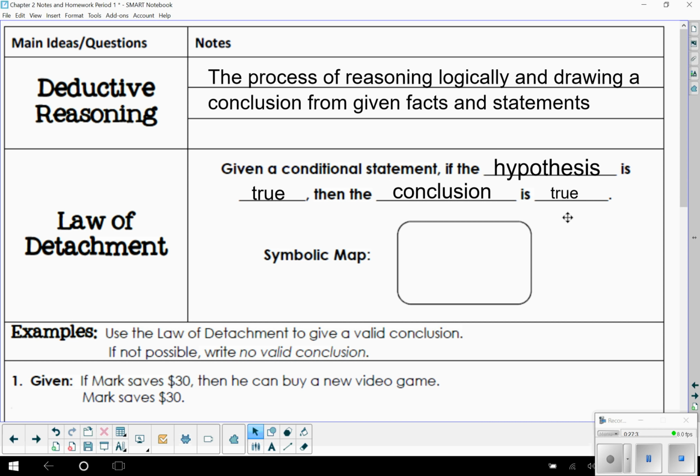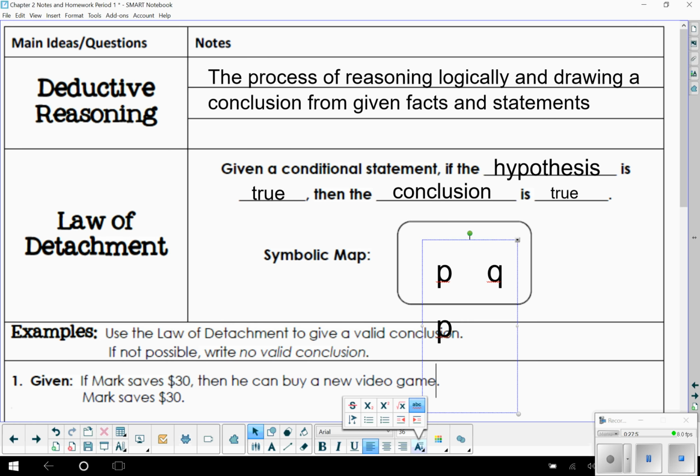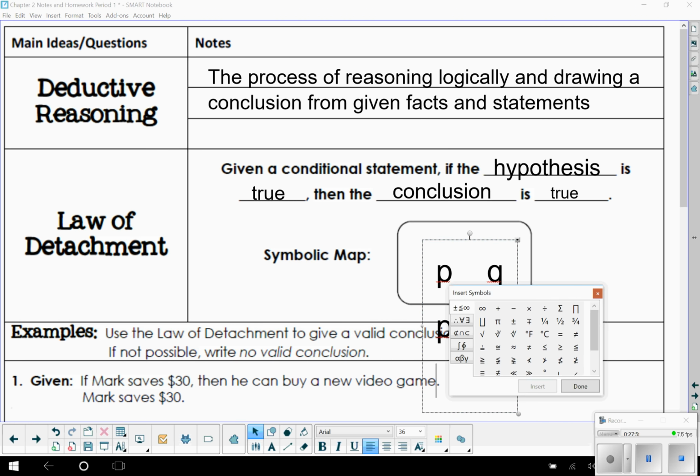One of those is an "if" by default. Their notation is P to Q, P, and then you have the therefore symbol, three little dots.